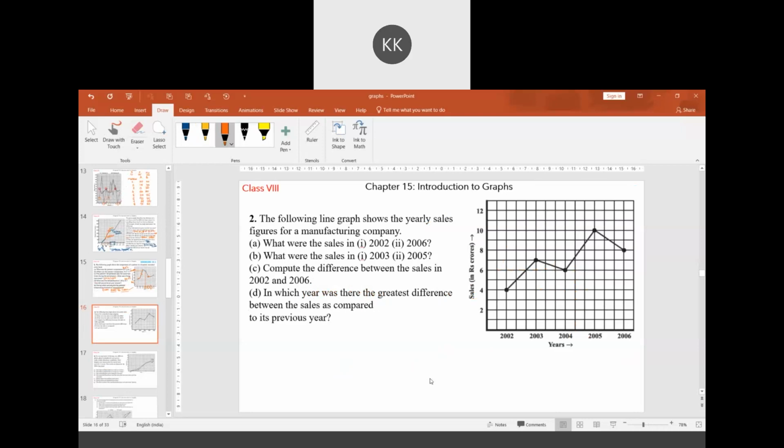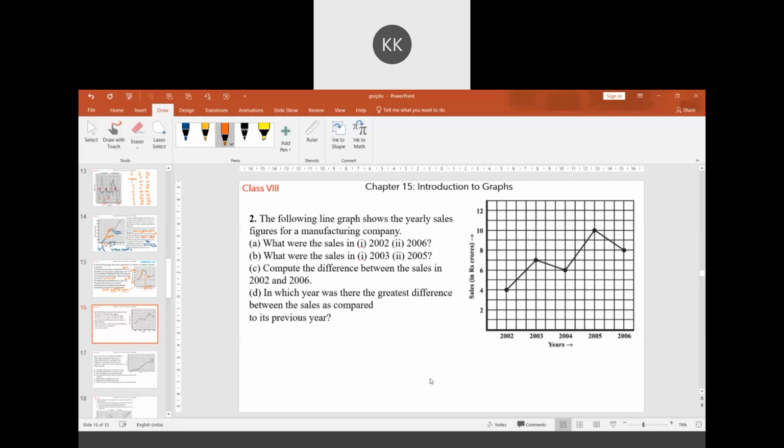Question 2. The following line graph shows the yearly sales figures for a manufacturing company. What were the sales in 2002 and 2006? What were the sales in 2003 and 2005? Compute the difference between the sales in 2002 and 2006.